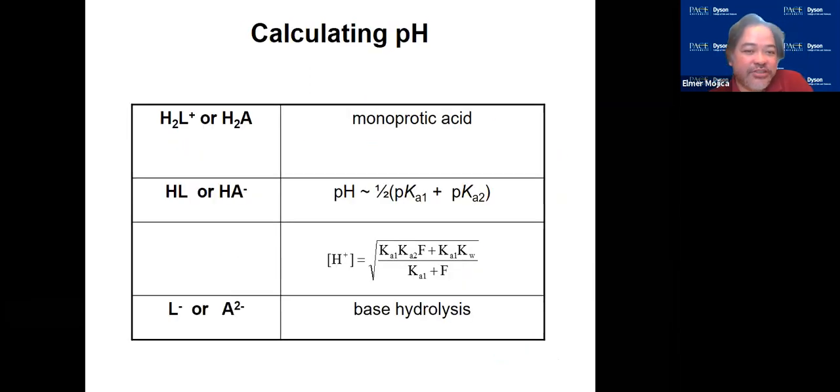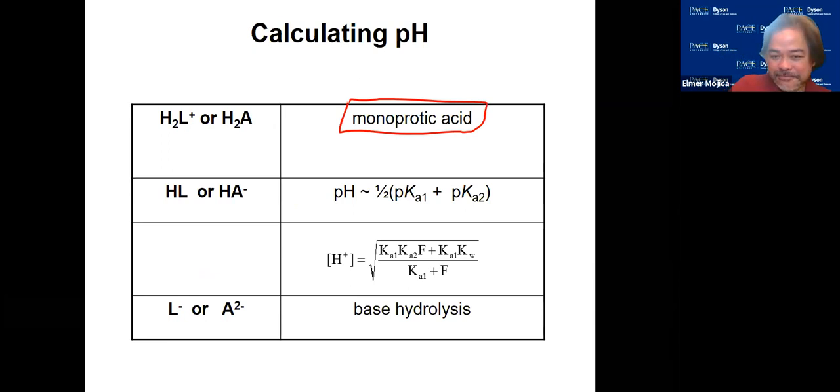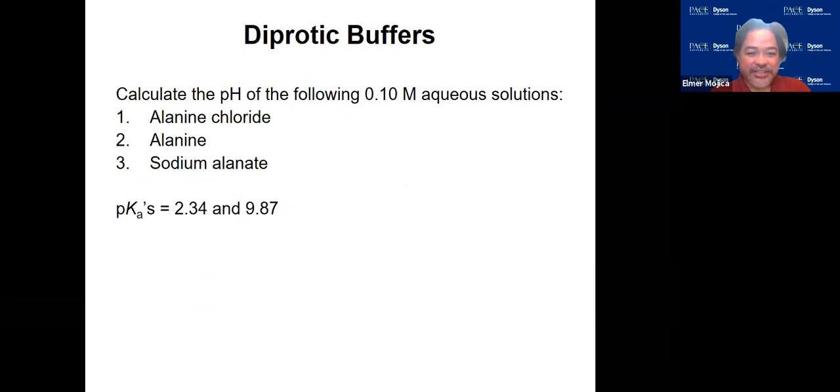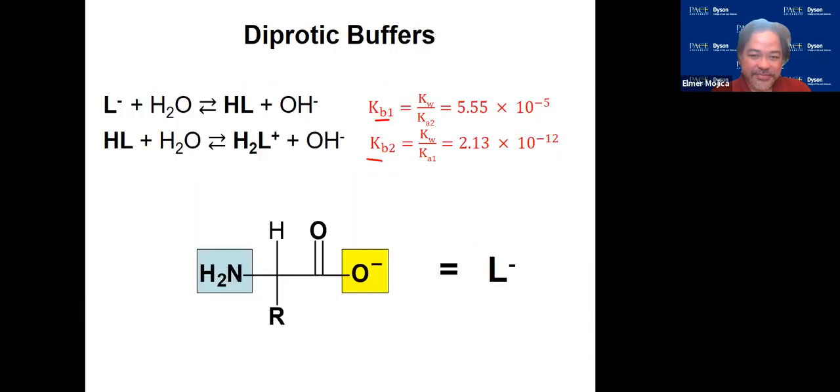So the way that we're going to solve the first two is, the first one, just like any monoprotic acid. The second one has something to do with hydrolysis. So if we're going to do this, where's that Ka1?